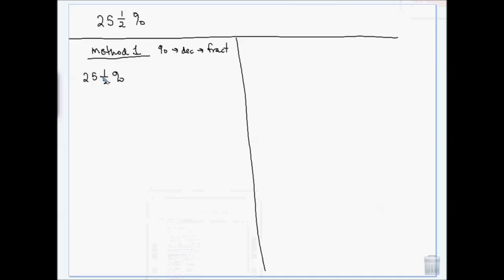So 25 1/2%. 1/2 is 1 divided by 2. 2 goes into 1.0, 0.5 times. So 25 1/2% is the same as 25.5%.